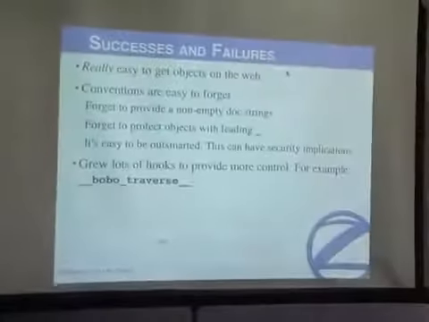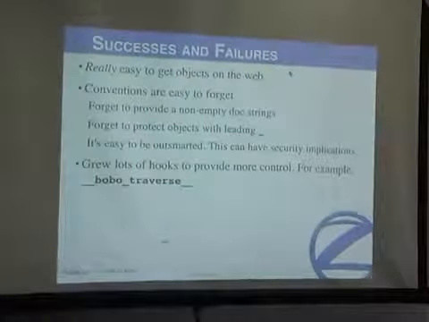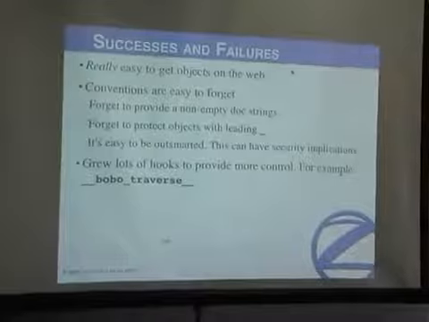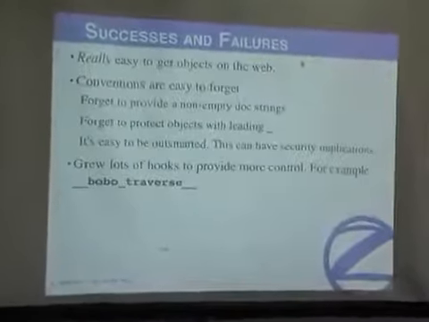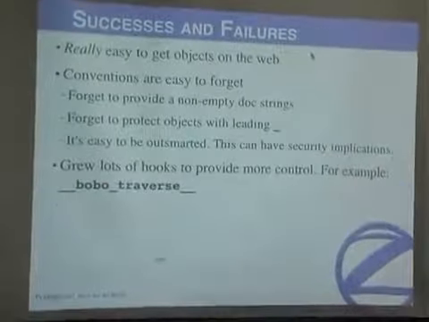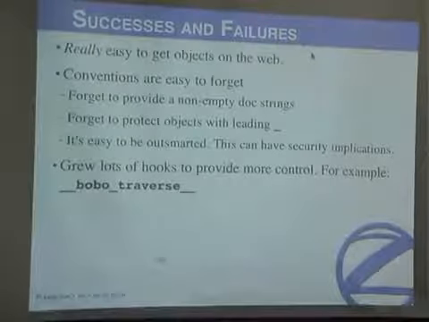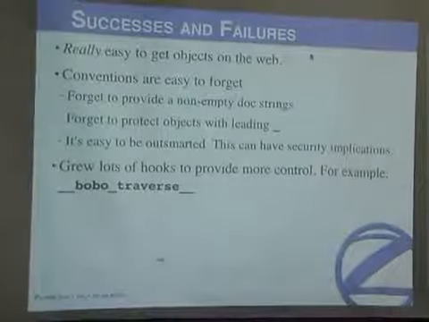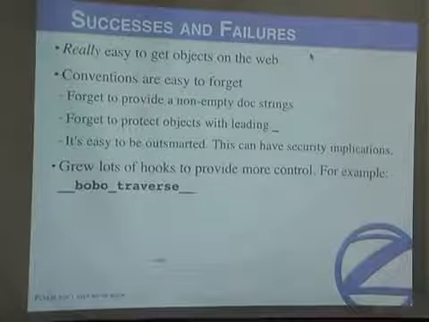In order to do all of that, it had to have some basic rules. The basic rules were conventions that if an object didn't start with an underscore, and if it had a docstring, then it was public and accessible and should be used.